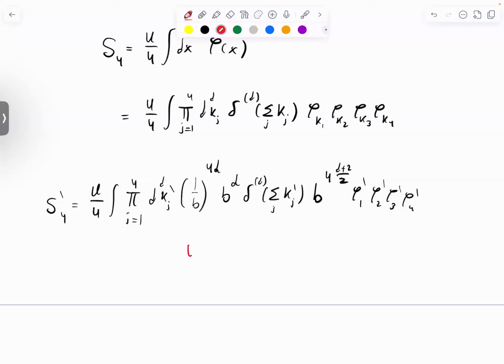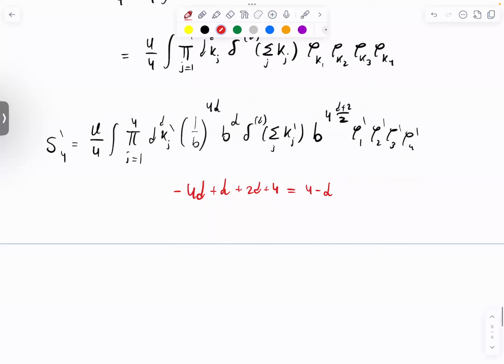So I have a minus 4d, because it's 1 over b, plus d, plus 2d plus 4, right? And then this whole thing gives me 4 minus d.